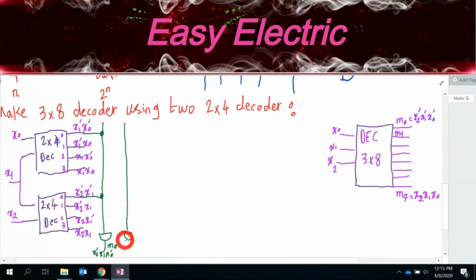So this is actually for M1. This is AND gate. So definitely you need another one for M2. Okay. So I'm not going to draw all of them. You could actually take care of all the others.